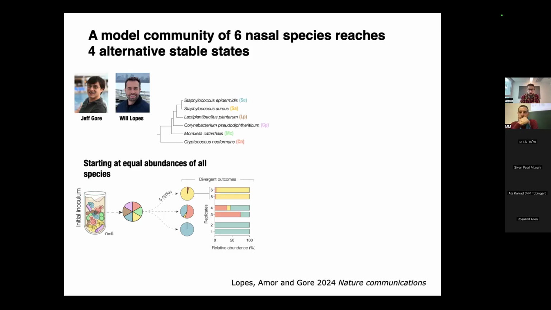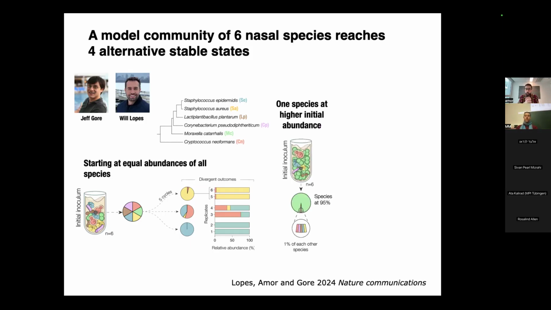So when we saw this, we thought that perhaps these different outcomes of the community were representing alternative stable states in which the community could fall.